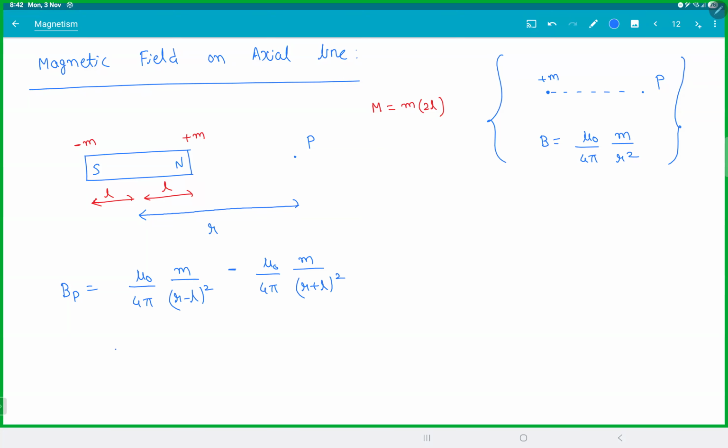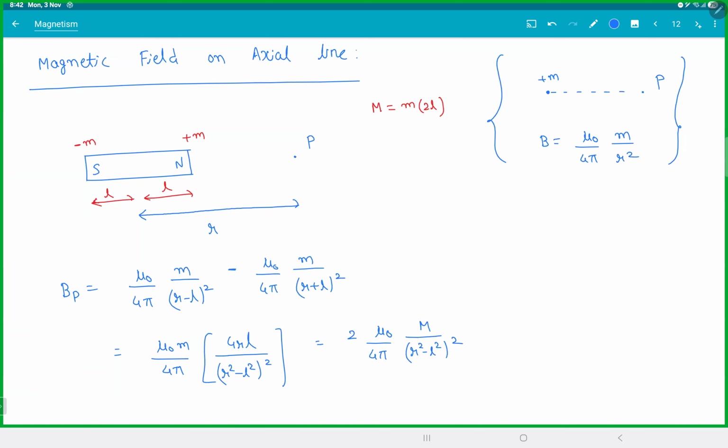So now you're done basically. Take out mu naught m by 4 pi common. The numerator will become 4RL, denominator will become R square minus L square whole square. But what is m into 2L? That will become 2 mu naught by 4 pi capital M by R square minus L square whole square.